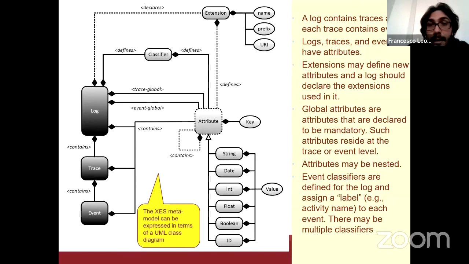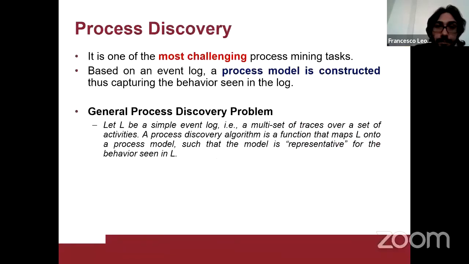Basically, the format of an event log in XES is the one that you can see here. You have a log. The log is divided in traces. A trace is divided in events, and for each of these components, the entire log, the trace, and the event, we can have attributes and different classifiers. And it's also possible to create extensions of the XES meta schema.